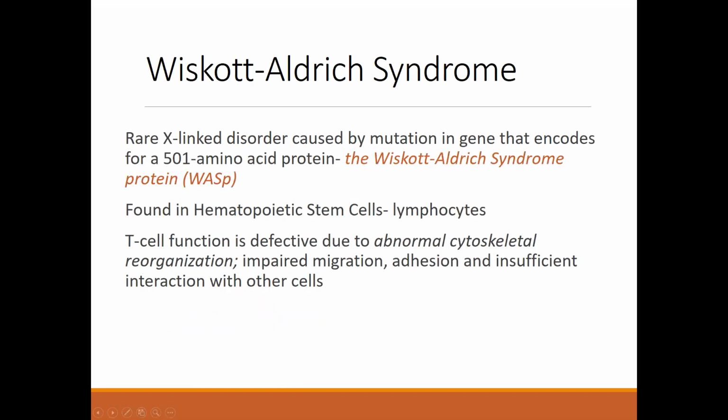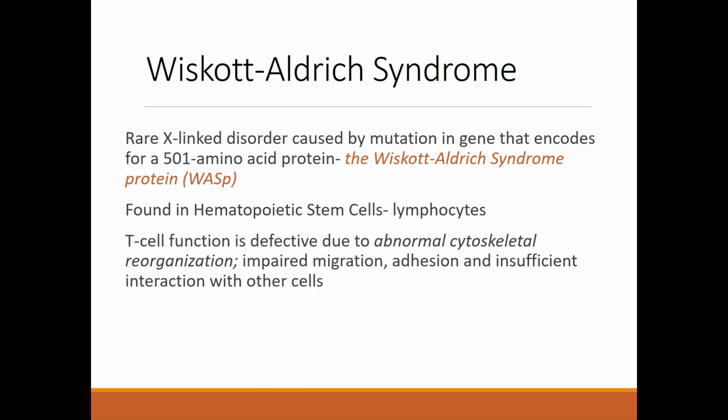Okay, and then the next disorder is called Wiskott-Aldrich syndrome. This is a rare X-linked disorder that is caused by a mutation in the gene that encodes for a 501 amino acid protein, and that protein is called the Wiskott-Aldrich syndrome protein, WASP protein. This is a protein that is found in hematopoietic stem cells, specifically lymphocytes, immature lymphocytes.